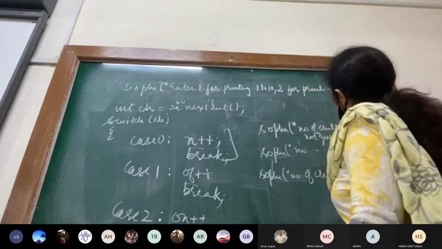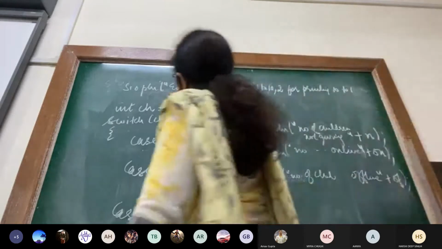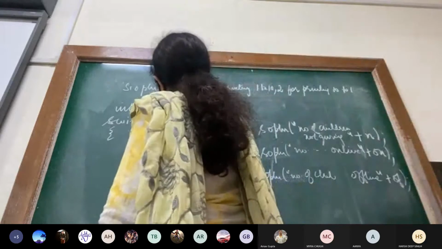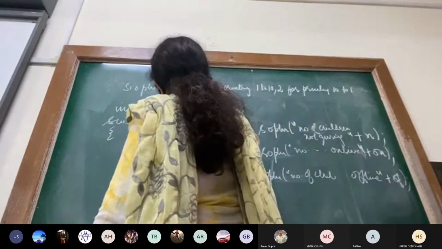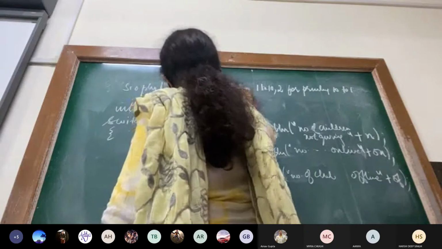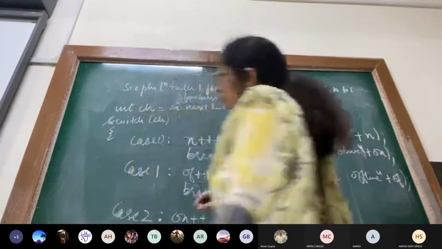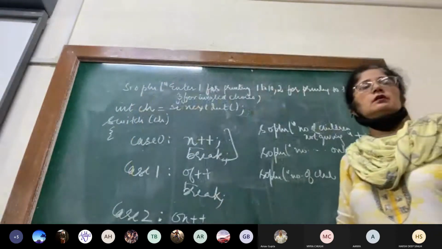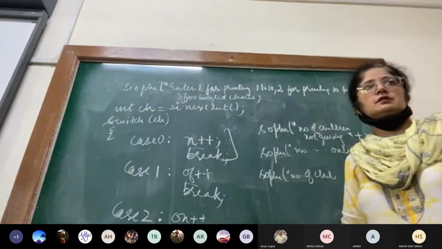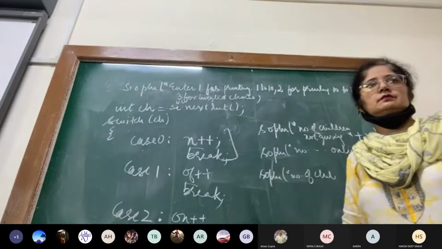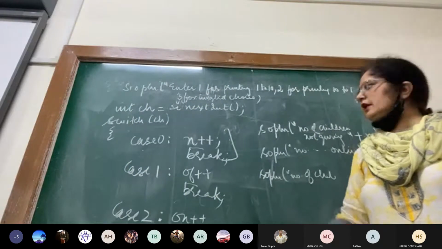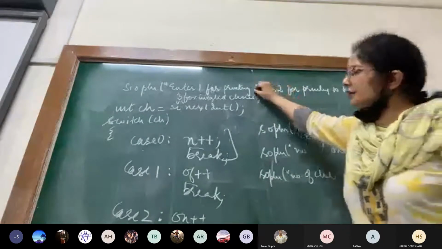Enter 1 and enter 3 for invalid choice. Now what will we do? Now how do I print 1 to 10?